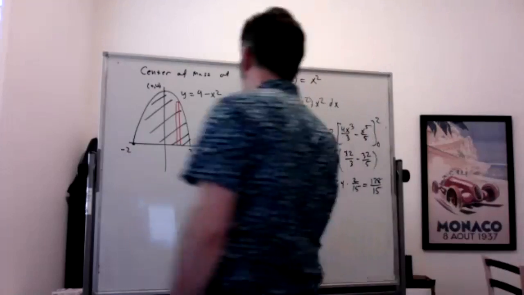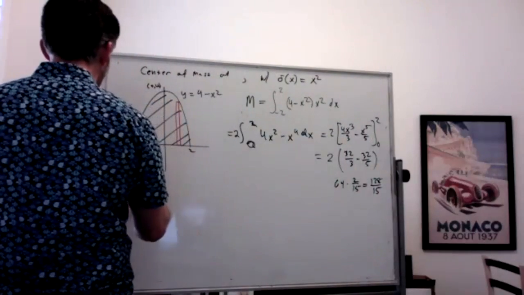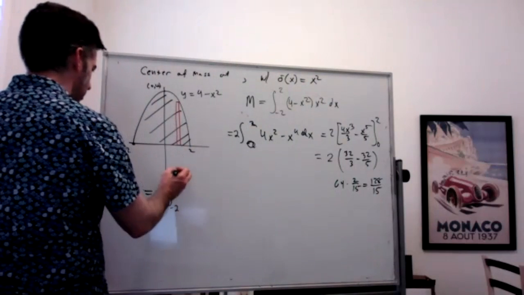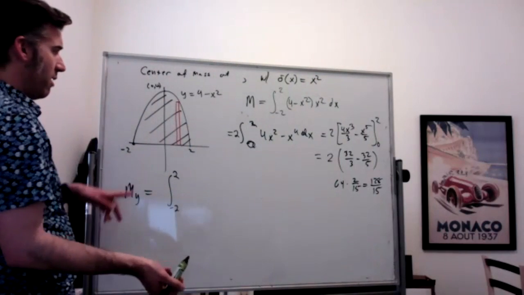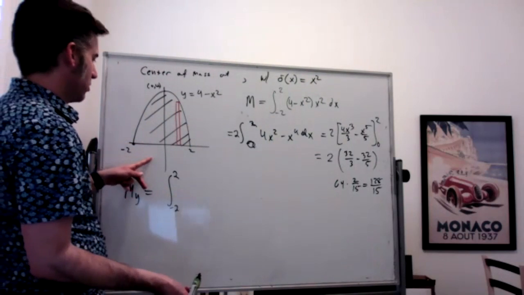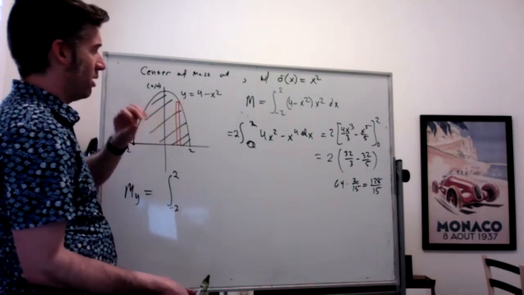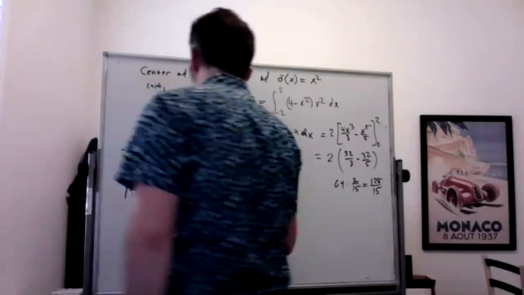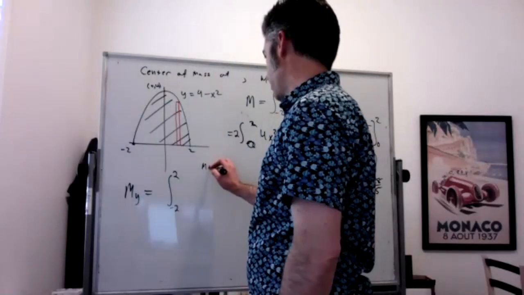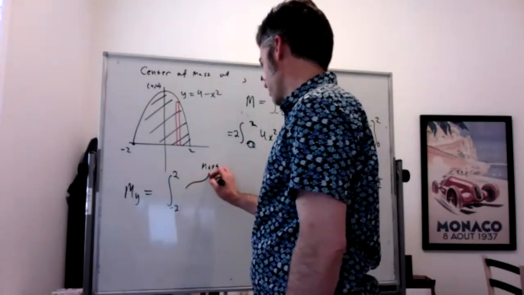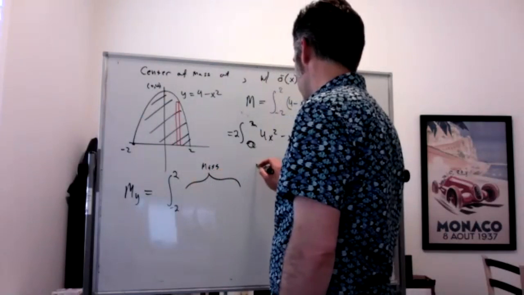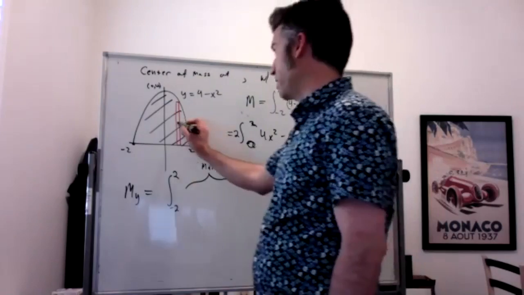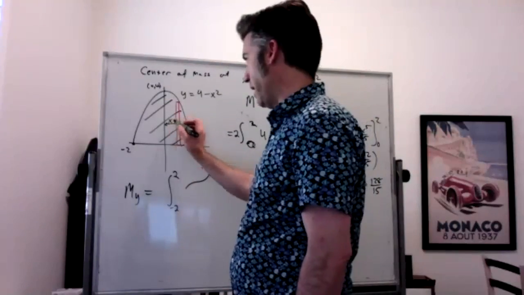All right, now here's the thing. What about the moment around the y-axis? Well, let's find it. It's going to be the integral from -2 to 2 of my mass times my lever arm. The lever arm is just x, right?